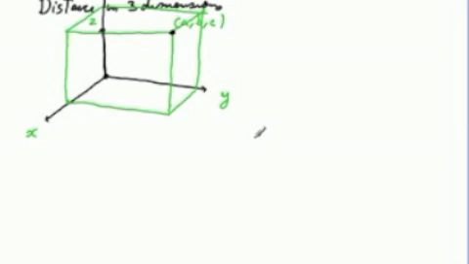Who is A? A is the length of this side of the box. B is the length of this side of the box up to here, and then this one is up to here. What I am interested in is the distance. We said our original point is the point at the origin. What I'm after is this diagonal length.